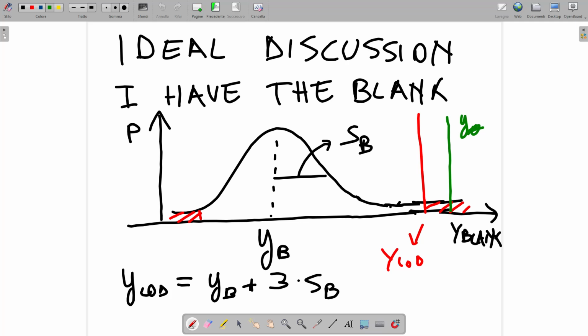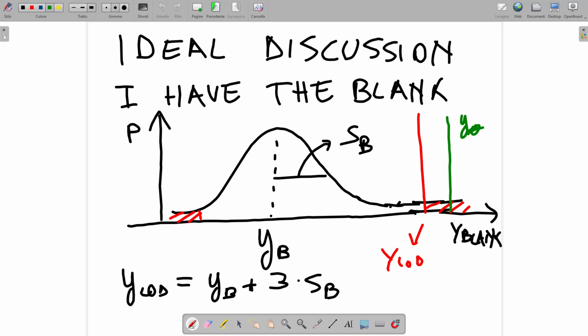The black curve points are saying that in these points the analyte is absent. So yes, all the points of the black curve are saying the analyte is absent.